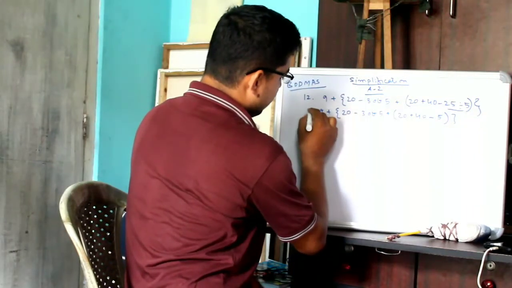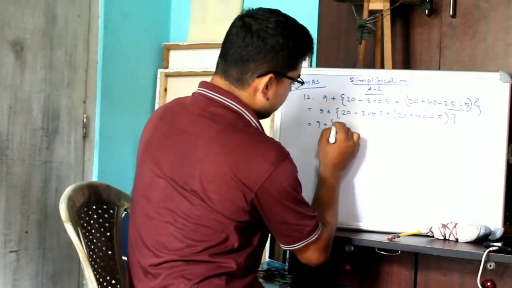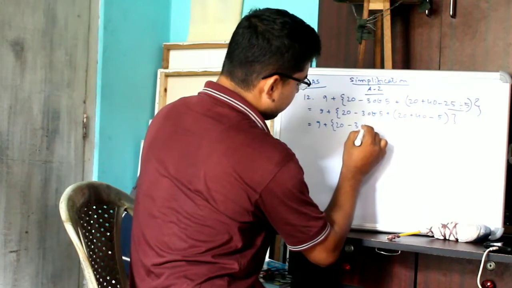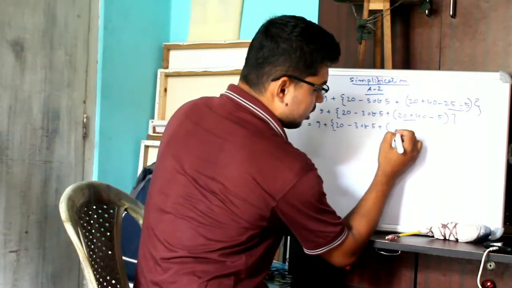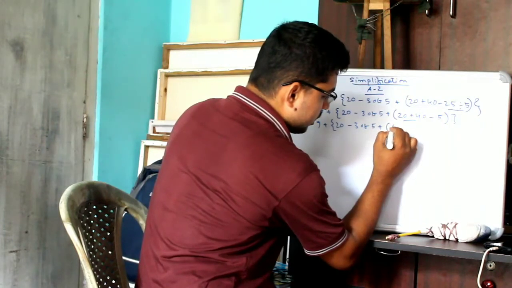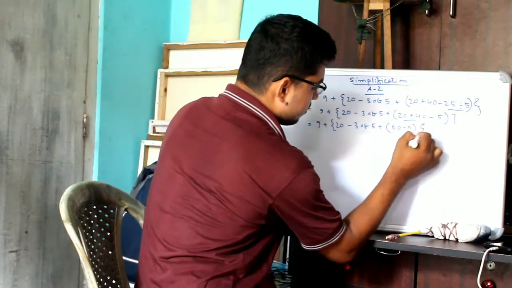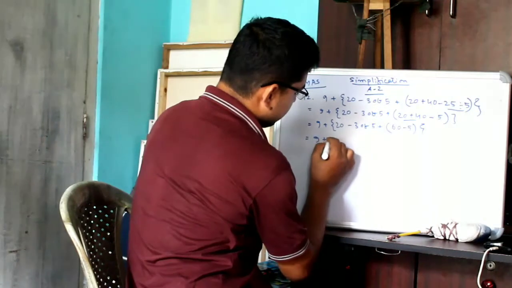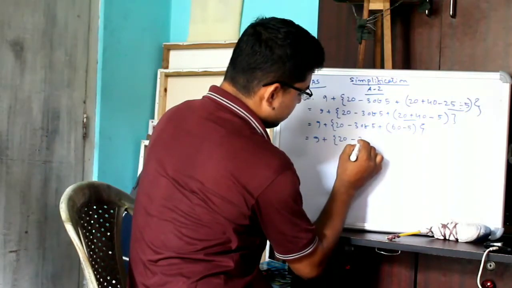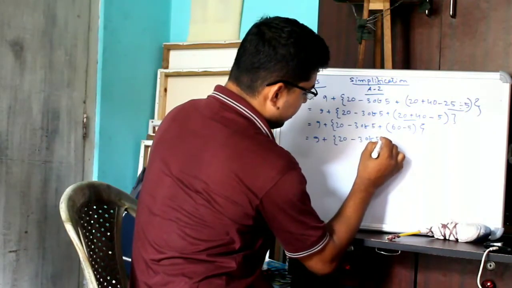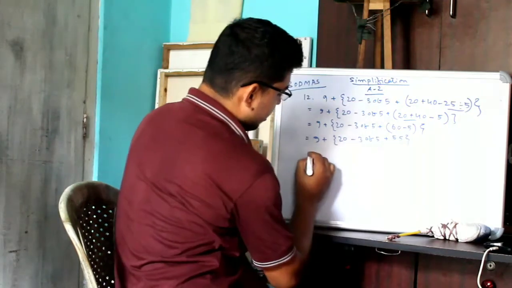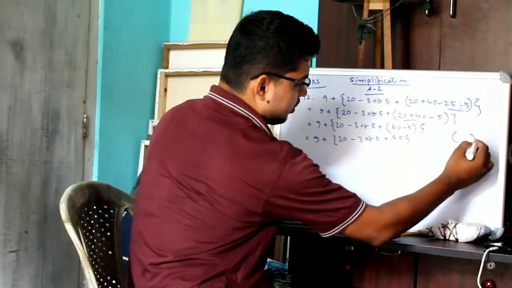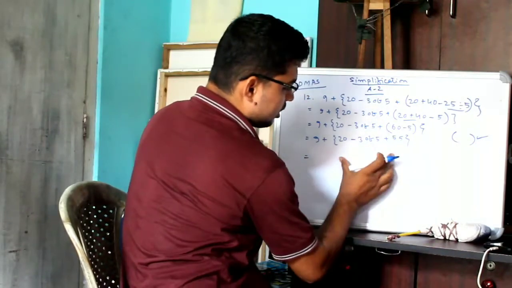Then again write 9 plus 20 minus 3 of 5 plus, so here 20 plus 40 is 60 minus 5. Then again 9 plus 20 minus 3 of 5 plus 60 minus 5 is 55. Now this bracket is finished. Now next this bracket.